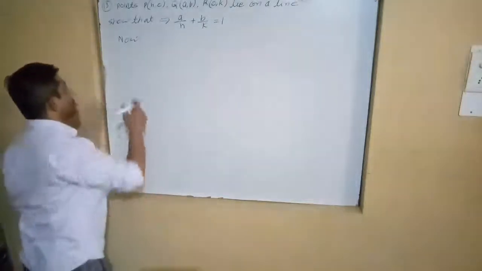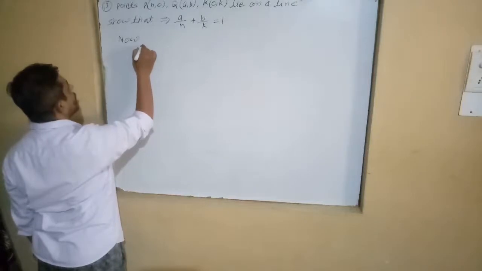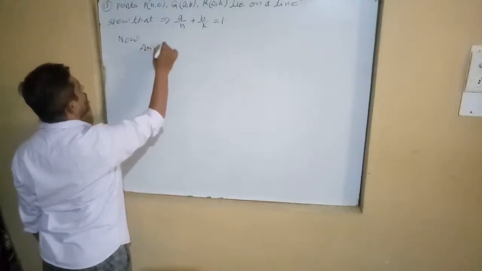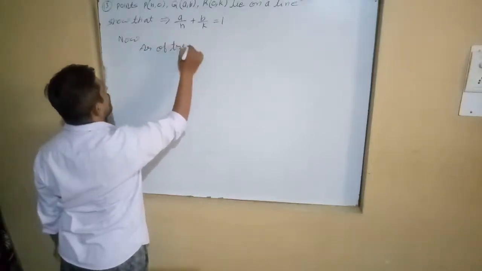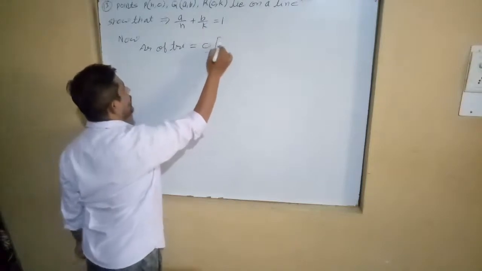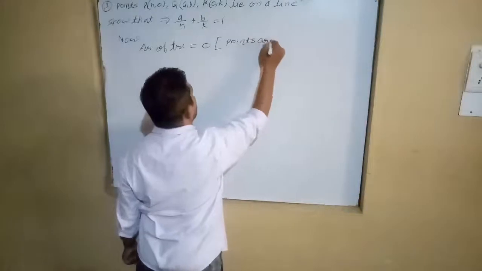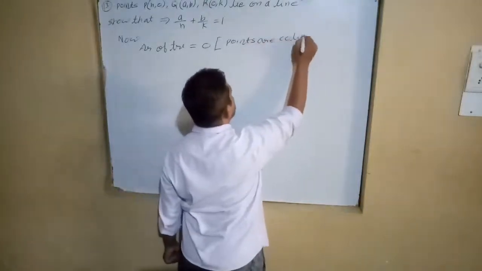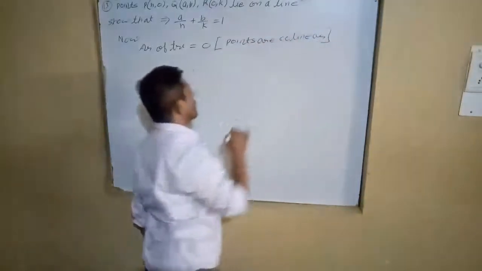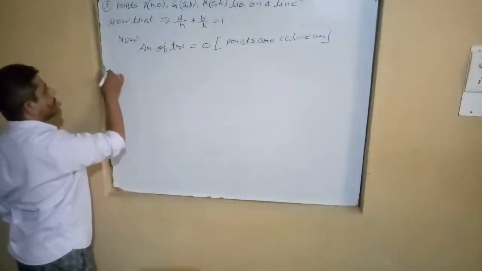So we can write area of triangle is equal to 0, because the points are collinear. Clear?